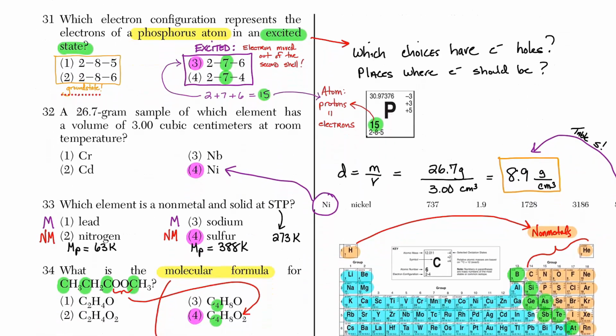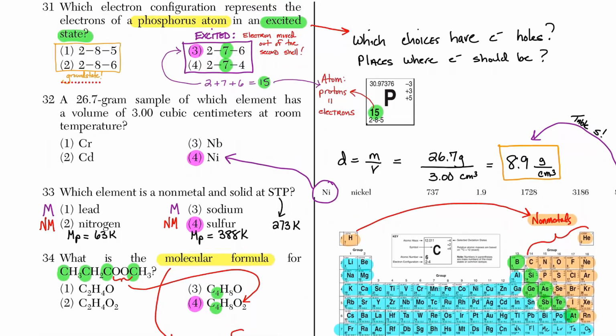These questions are atomic structure. Here we go. Which configuration represents the electrons of phosphorus in the excited state? Excited state means electrons jumped farther away from their ground state. And notice they're looking for a phosphorus atom, which means the number of electrons equals the number of protons.